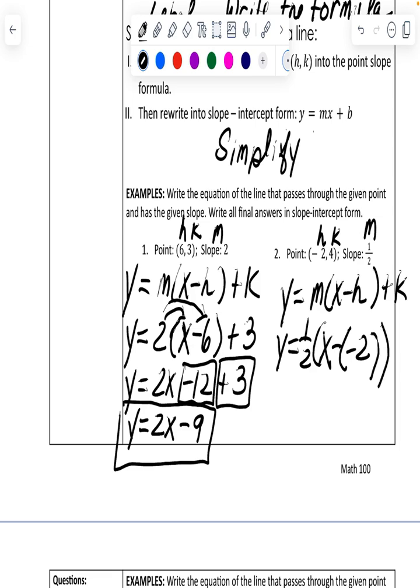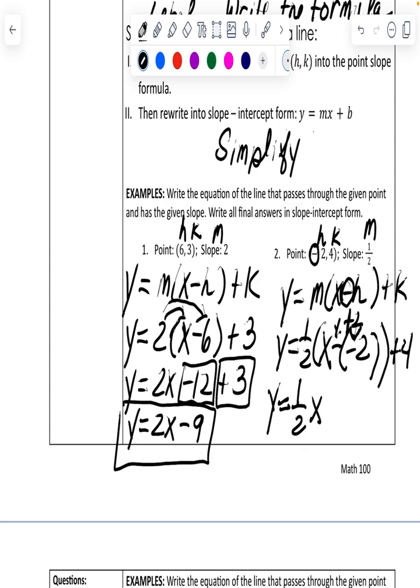Don't forget, you have a double negative. You cannot get rid of this one. So you end up with minus 2, plus 4. So y equals 1/2 x. This turns into plus 2, because a negative and a negative turns into a positive.